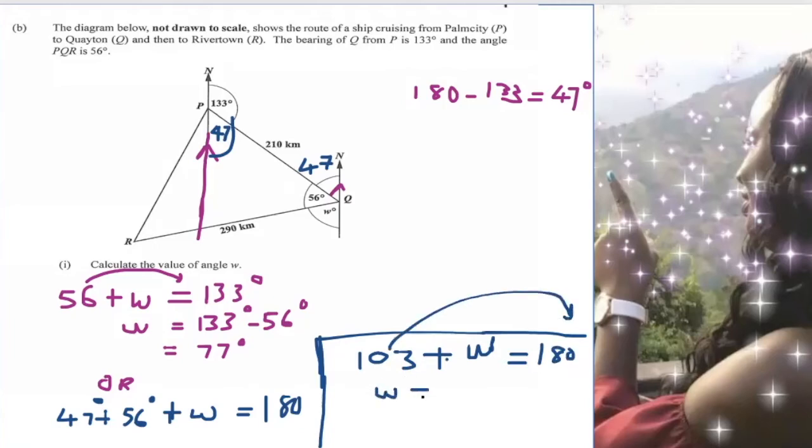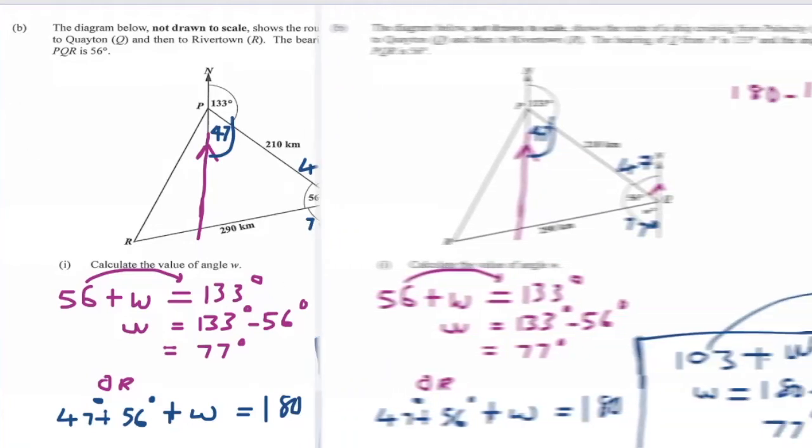So I have W is equal to 180 minus 103, and that will also give me 77 degrees. So with both methods, I'm able to get 77 degrees. So W is 77 degrees.